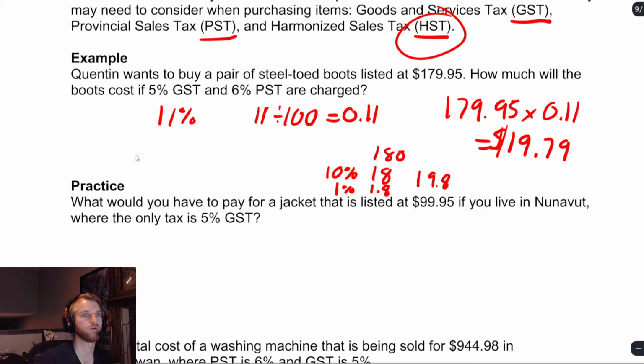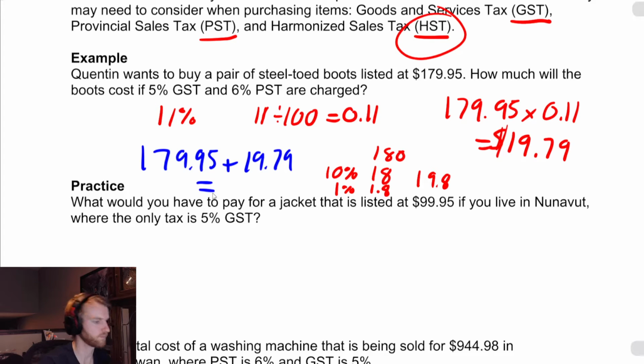So it started off as 179.95, and we added on $19.79 of sales tax to get a total then of $199.74. Okay, and that is our final answer, 199.74.